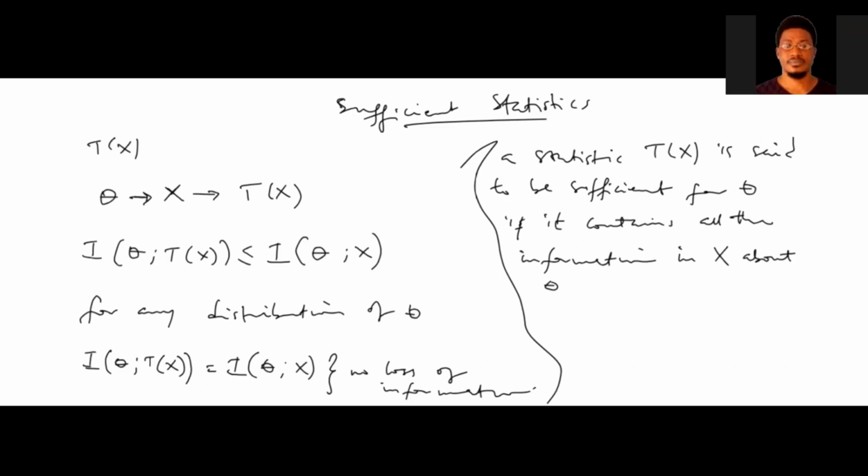It still follows directly from this. So now when we talk about sufficient statistics, let's assume T of X, for instance, is any statistic, okay? So it could be a function of the sample.